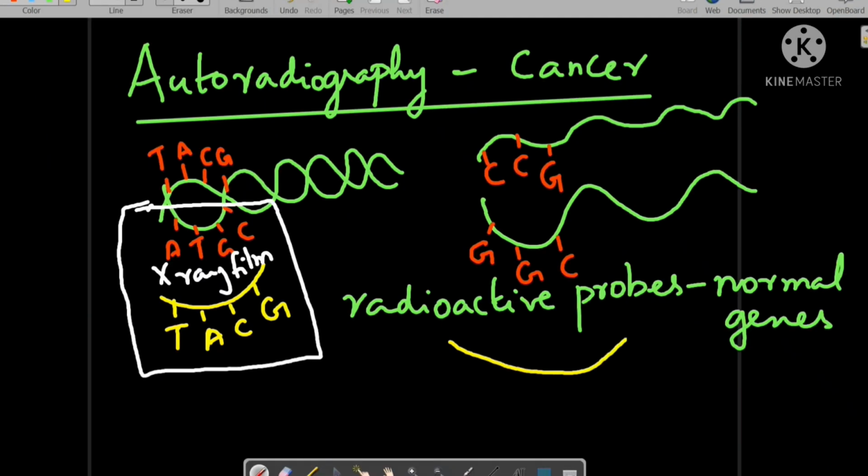The radioactive probes will not be able to pair up, which shows that the patient has mutated genes present. And so the patient is suffering from cancer. So that is how molecular diagnosis is done.